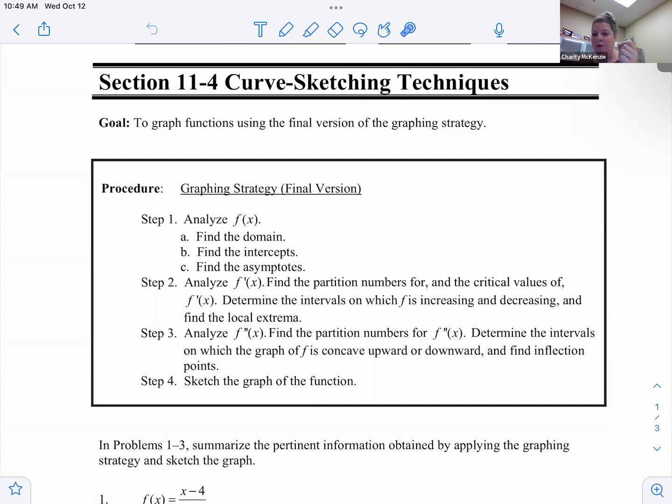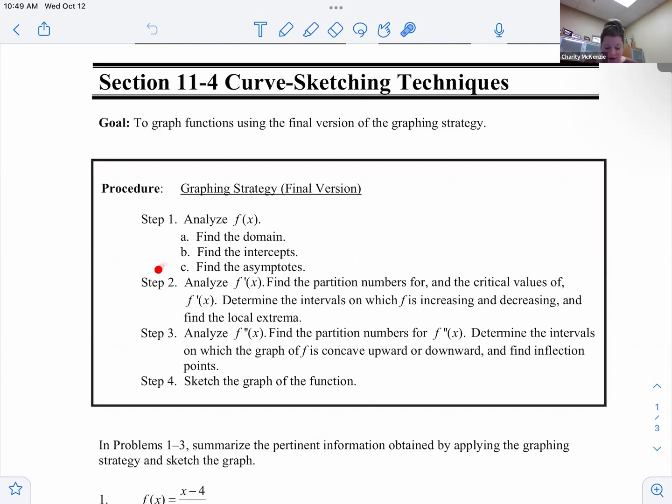If it's an x to the fourth, it's going to be similar to U-shaped, or x to the sixth, x to the eighth, and maybe some little swirlies or something, right? A little bit different, but similar U-shaped. We should know an x to the third goes up, down, and around. If it's an x to the fifth, a seventh, an odd power, then it's going to do something and then be off in the directions. So there are some basic things we should know.